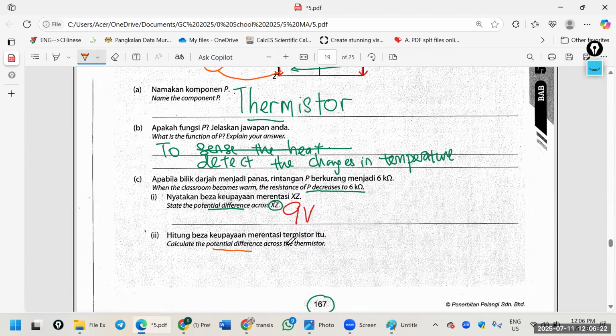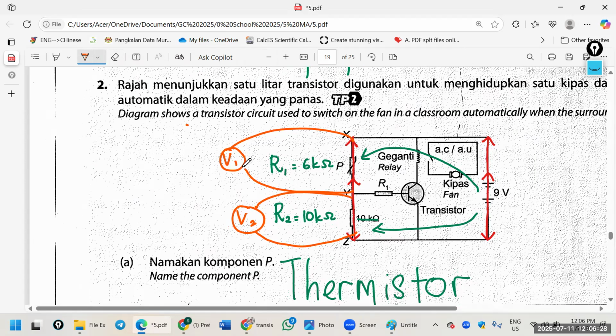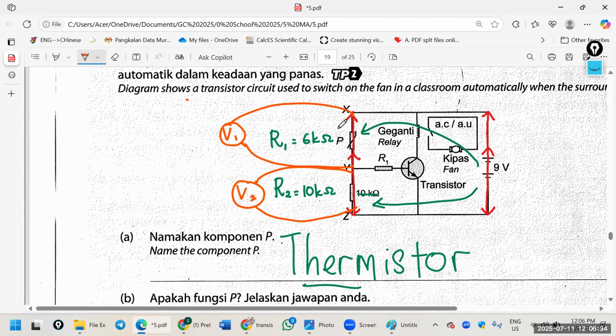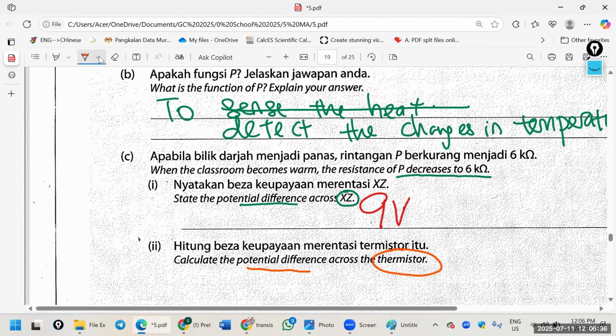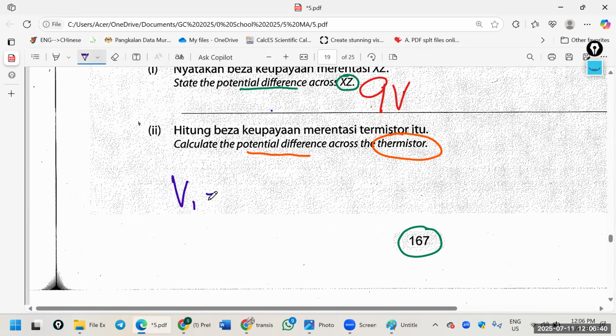Okay, so now, total 9. Calculate the potential difference across the thermistor. Thermistor means they want V1. Can calculate now? Yeah, very good. So V1 equals a fraction times total 9.